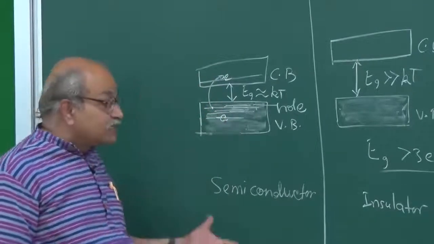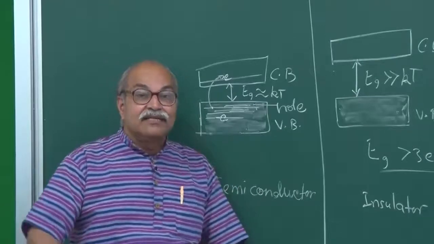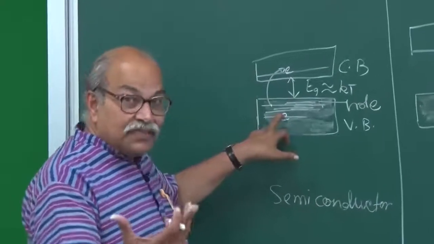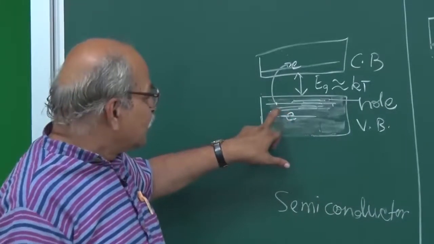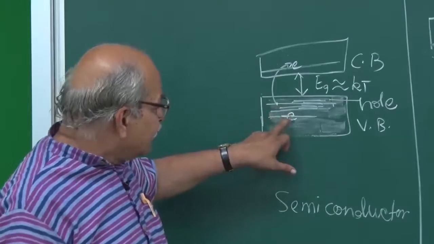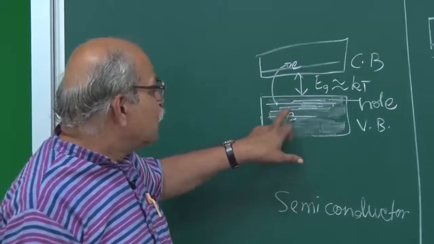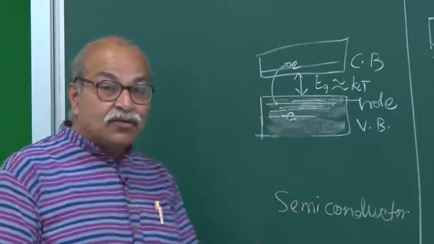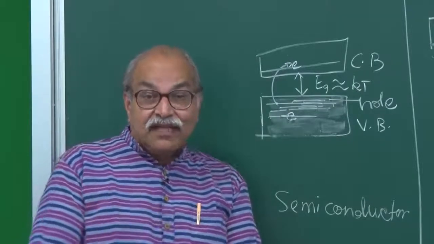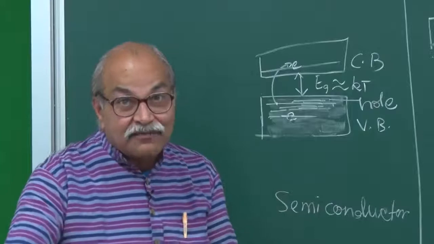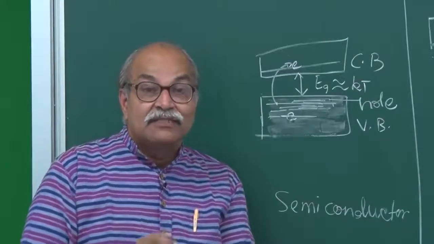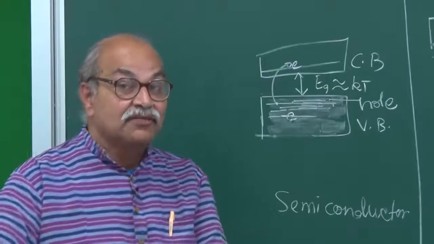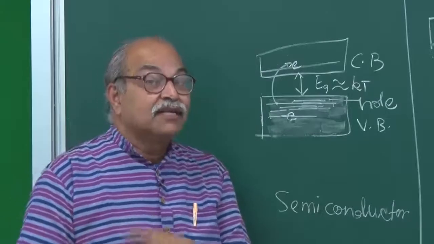Once the electric field is there, it is on the entire material, so this electron will also feel that electric field, and if there is an empty quantum state here, then this electron can accept energy from the electric field and go here, and that will also constitute a current in the material. Electron responding to electric field and moving in the direction opposite to that electric field, that constitutes a current. A systematic drift of electrons in response to electric field constitutes current.